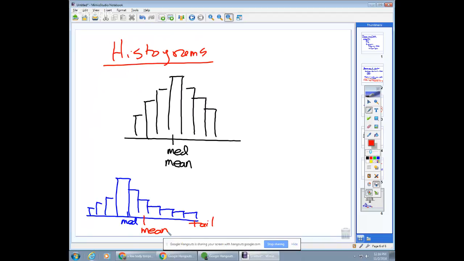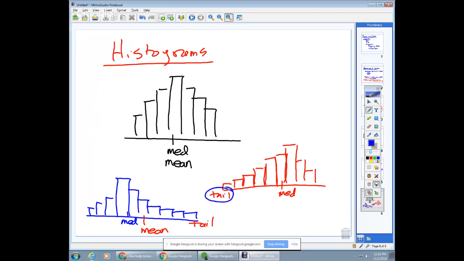And similarly, if the tail was on the other side, so if my data set looked more like that and I have a tail out on this side, the median would probably be around here, but the tail will drag the mean toward it.